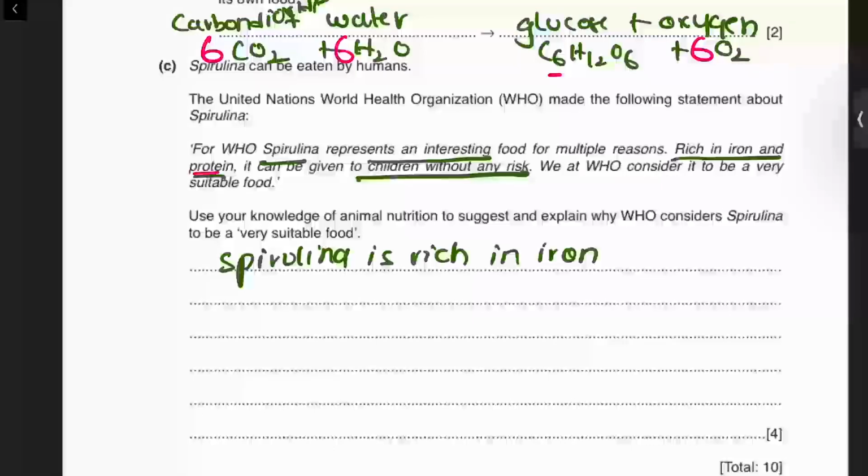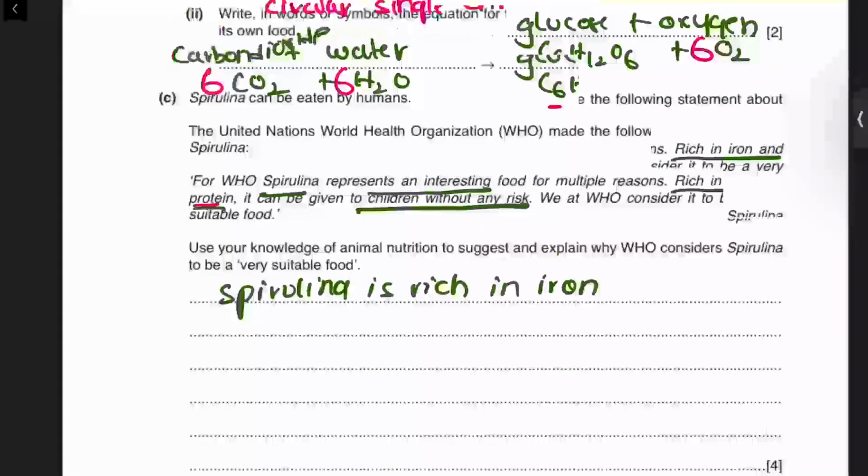Being rich in iron will enable more hemoglobin to be made. To be rich in protein means more growth. One shot without repeating, just say spirulina is rich in iron, which enables more hemoglobin production and prevents anemia. Don't say spirulina is rich in iron and protein, then again say iron is needed for this. No, save your time, use as few words as possible, and spend as little time as possible making your answers long.